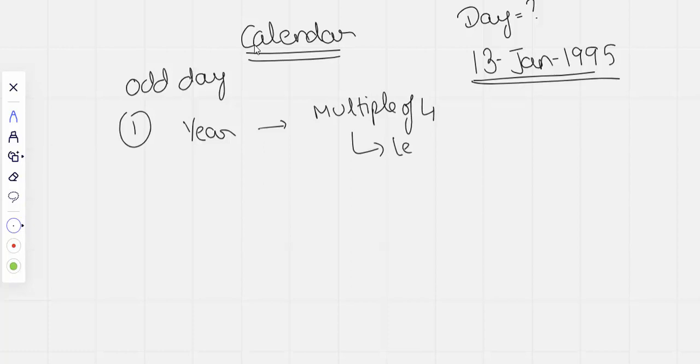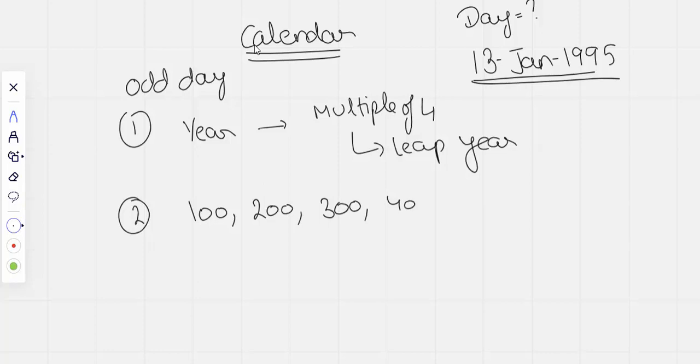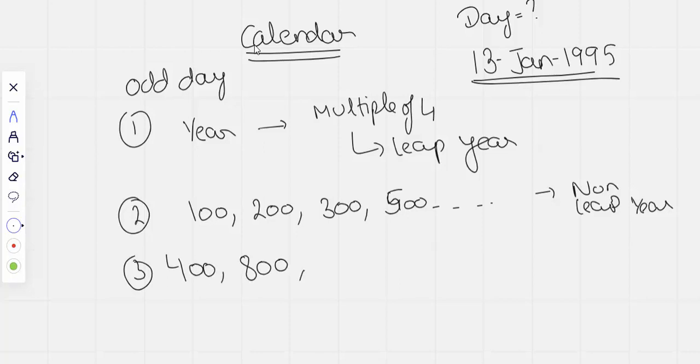And if a year is a century year, like 100, 300, 500, then it's a non-leap year. But if the year is a century year and also a multiple of 400, then it's a leap year.